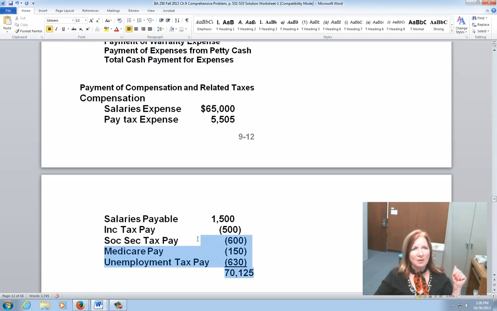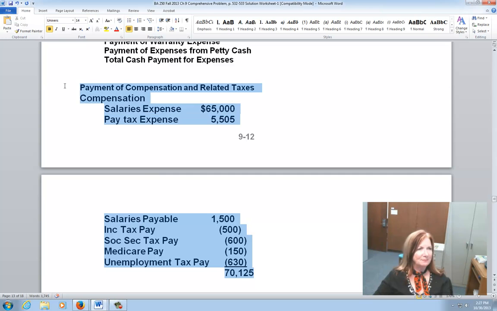So we look at the compensation, the salaries, the taxes, and the payables from last time. Those were all compensation numbers. Those were all positive numbers that we had to pay for. And then these are the withholdings for which we did not pay. Cash has not gone out yet, so it's a reduction of this compensation number in terms of cash. Okay.